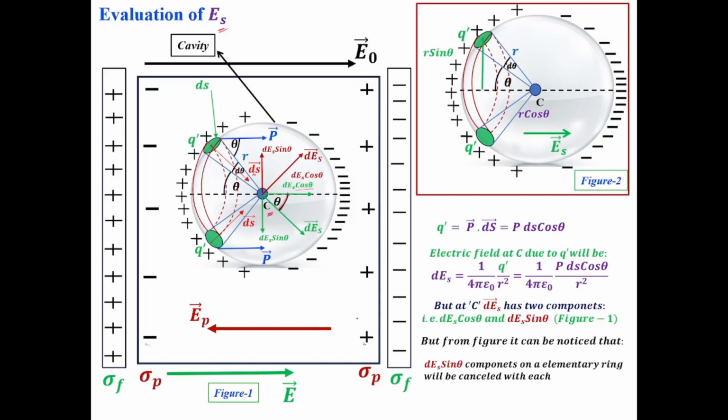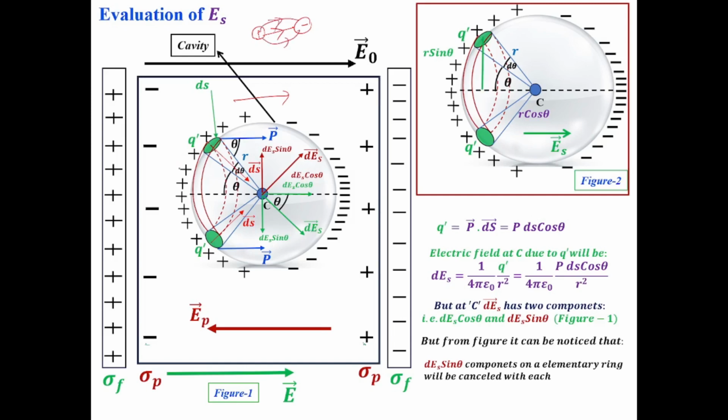So here you can see that if this whole cavity is charged by positive charge on the left face and negative charge on the right face, then the net electric field intensity will be along this direction, because the positive charge and negative charge are separated by a distance, so the electric field intensity will be like this.